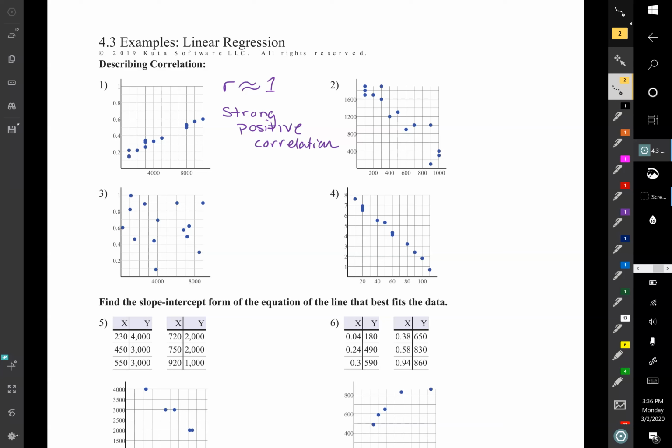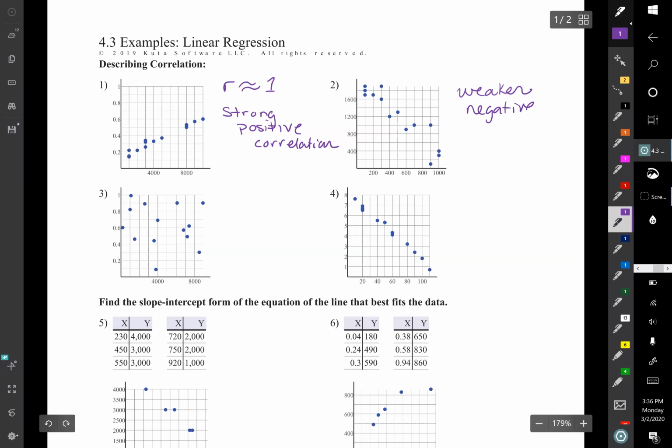And it's not that there's no correlation. You can see that there is this trend, but it is not real tight together. So we're going to say that it is a weaker negative correlation.